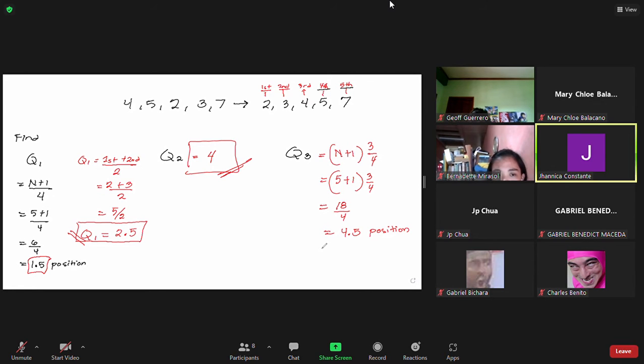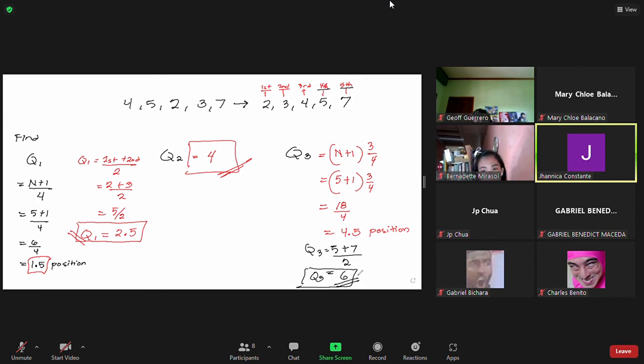So quartile 3 is equal to 5 plus 7 divided by 2. We have 6 as our quartile 3. So that's how we solve for quartiles of the set of data that we have.